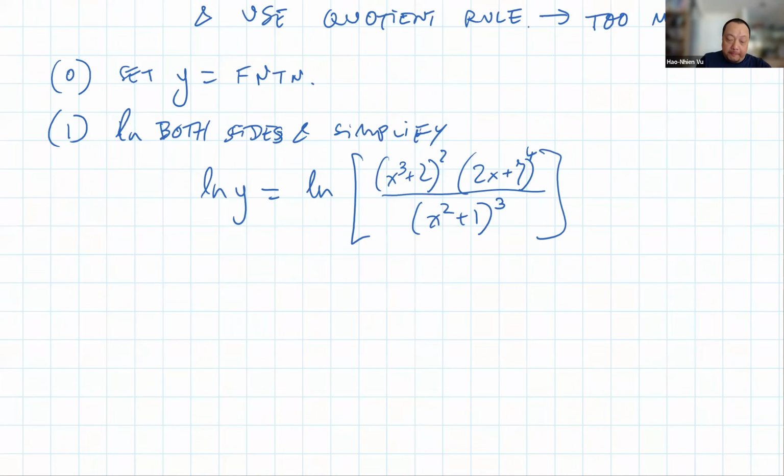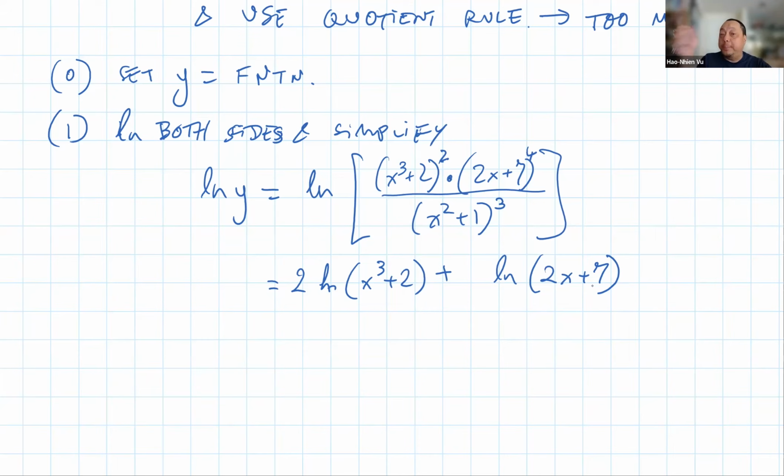Now I simplify by breaking up the ln. Ln of x cubed plus 2 squared, and the squared can go in front. There's a multiplication here, so that's a plus. Ln 2x plus 7, and the fourth power can also move to the front.